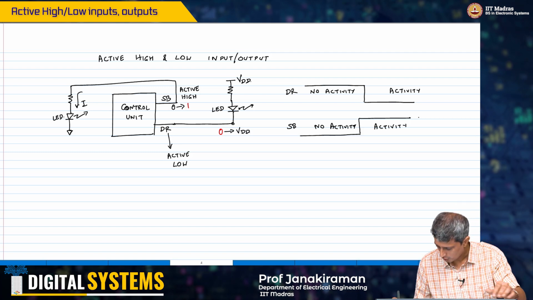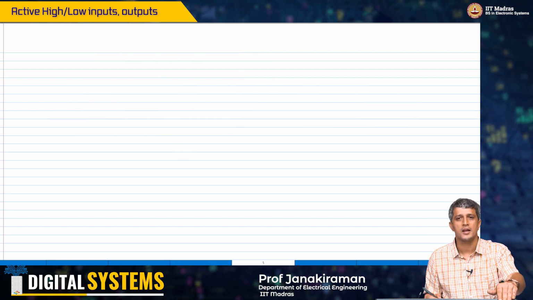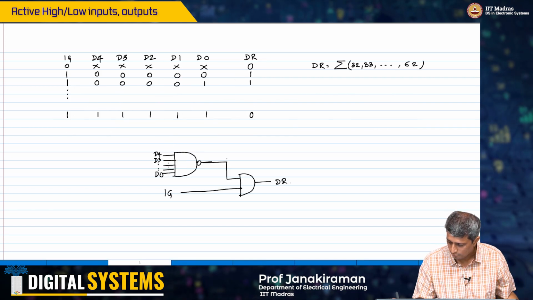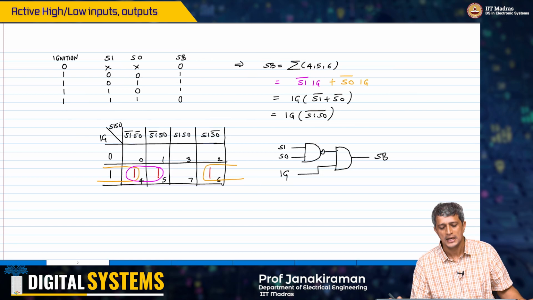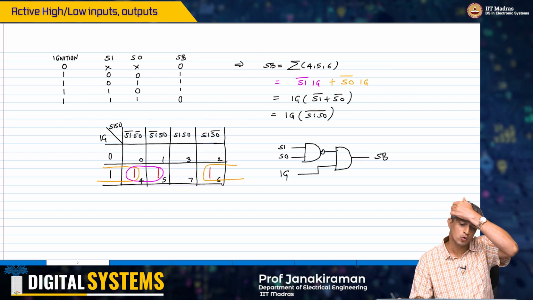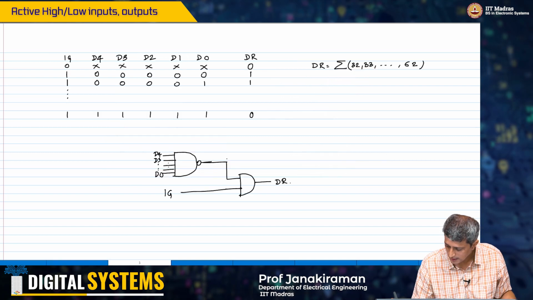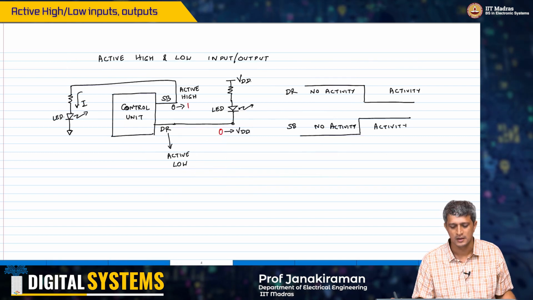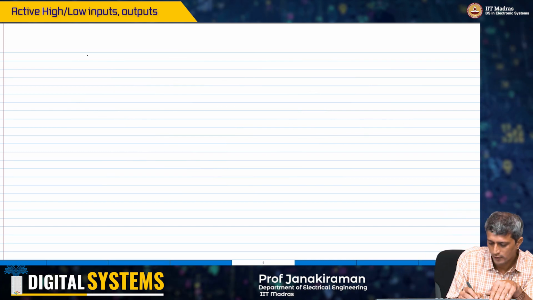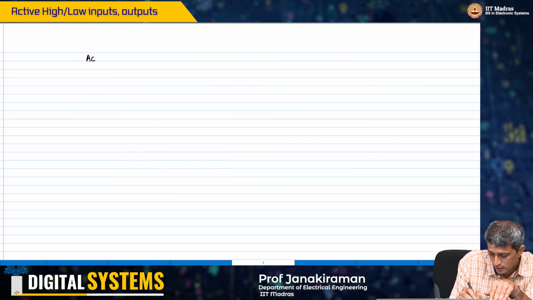So now if you consider this case, what we already designed for SB is the active high case. When we wanted to indicate something, it had to go high. Now let us take the second case and look at the active low implementation of the door indicator.